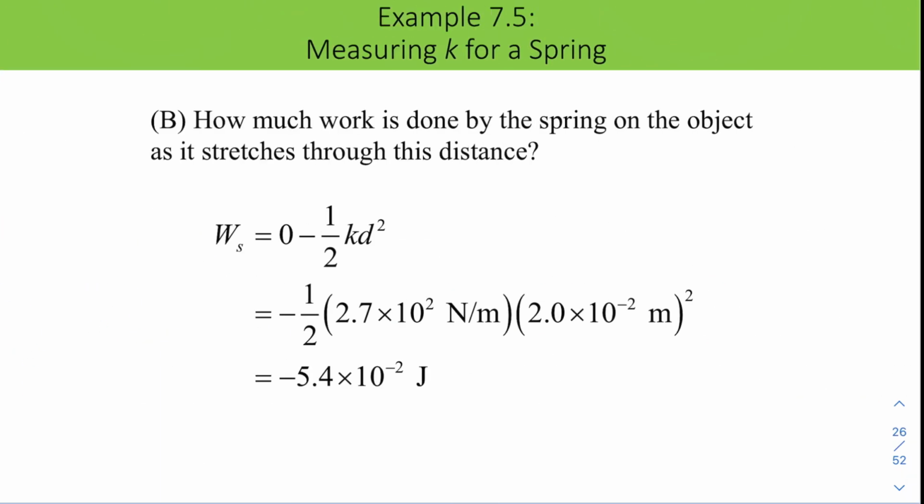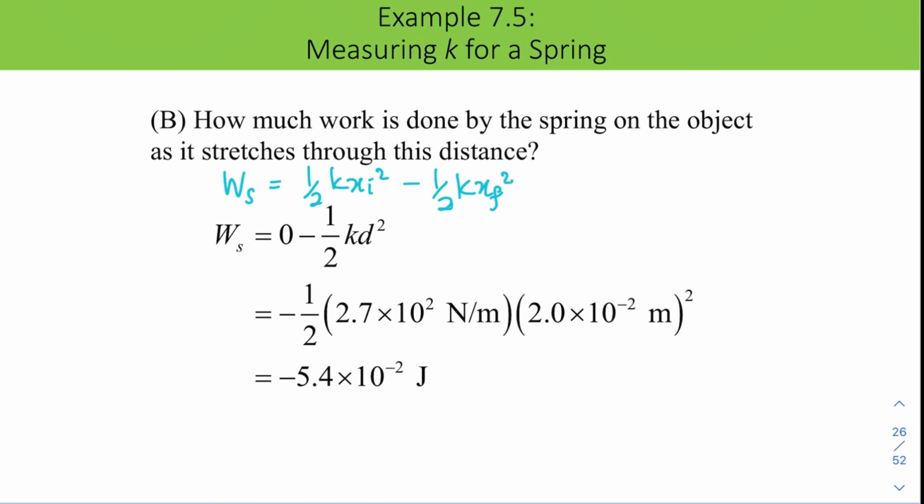B, how much work is done by the spring on the object as it stretches through this distance? As we know, work done by the spring is equivalent to half k x initial squared minus half k x final squared.